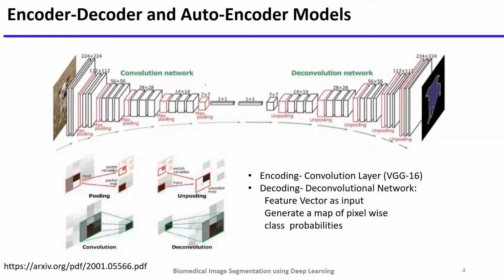So as I said, multiple variants of encoder decoder have been developed, and one of them, for image segmentation, I'm talking about, uses a convolutional network.